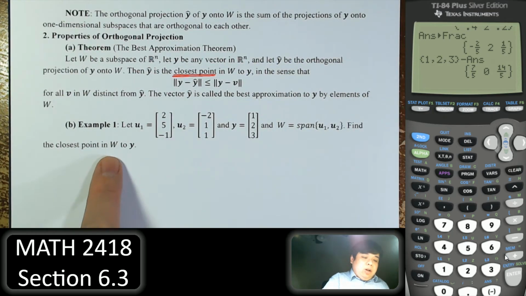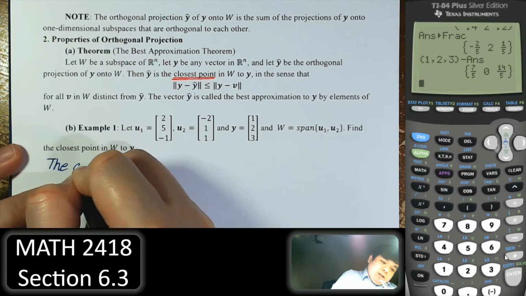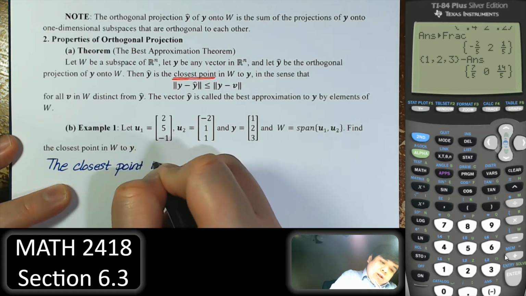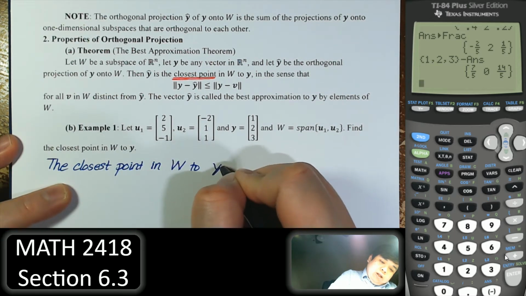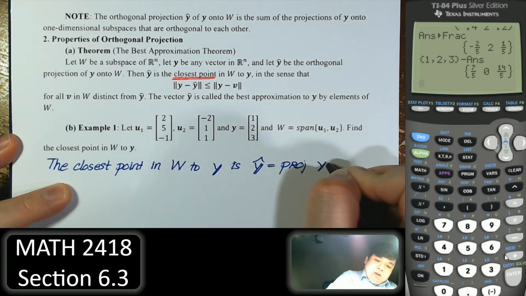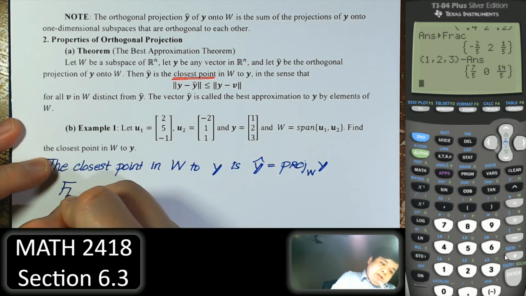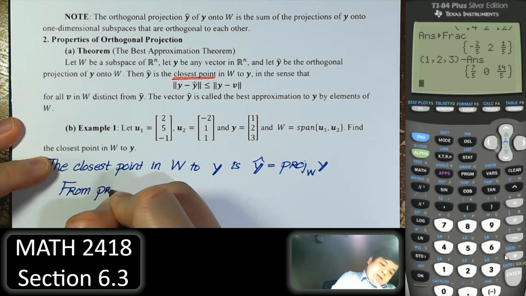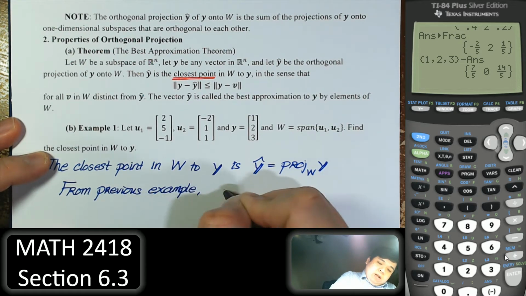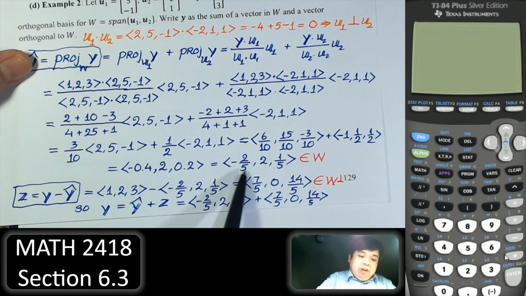So the closest point in W to y is the point y hat, which is the projection of y onto W. And from the previous example, we have y hat is going to be negative 2/5, 2 and 1/5.